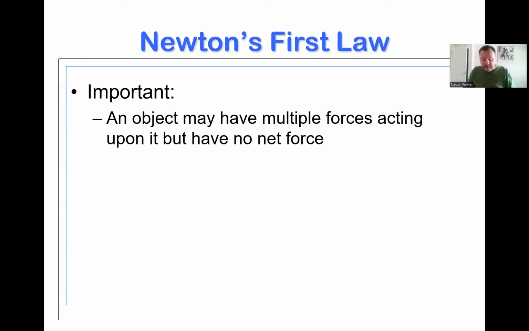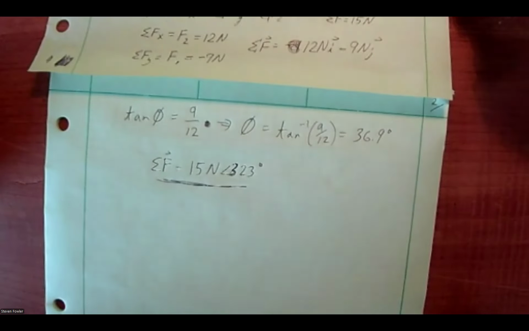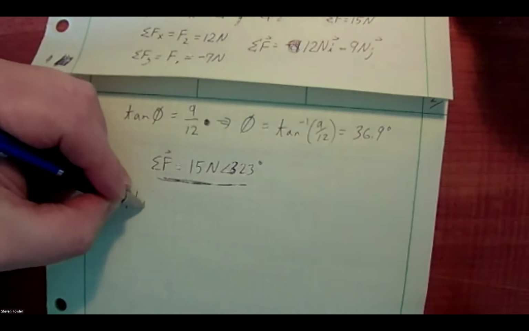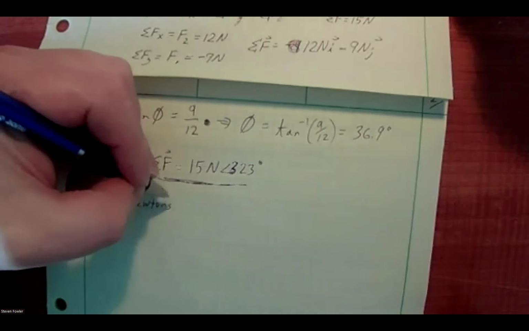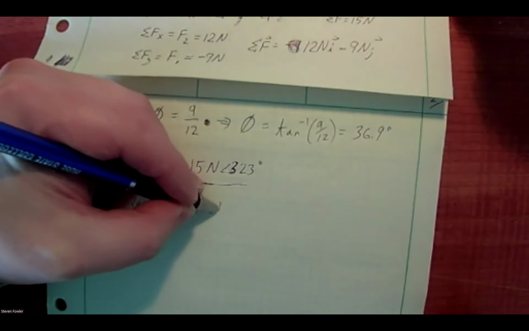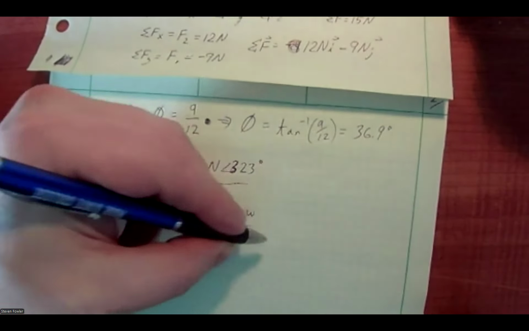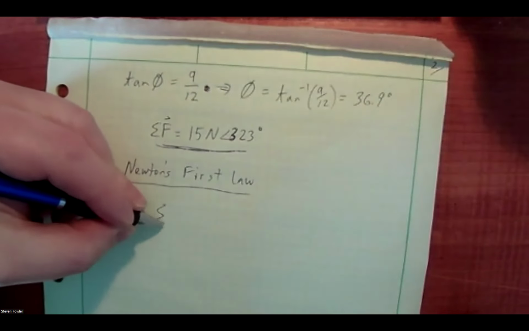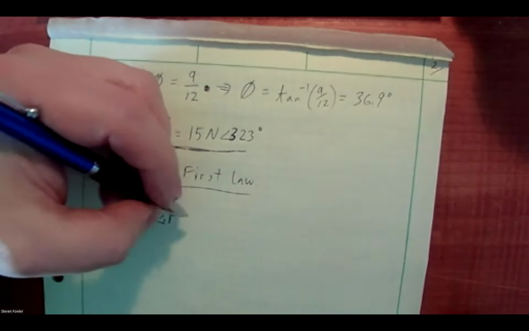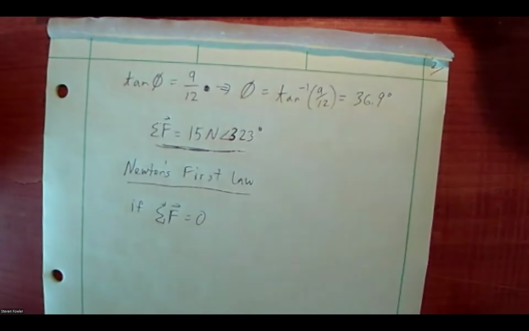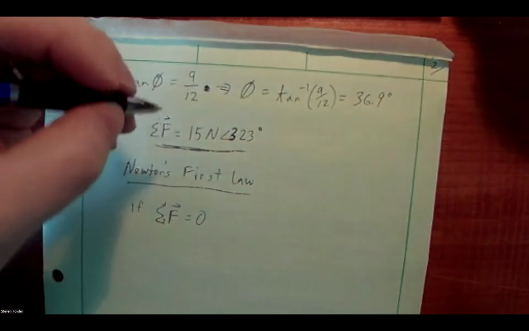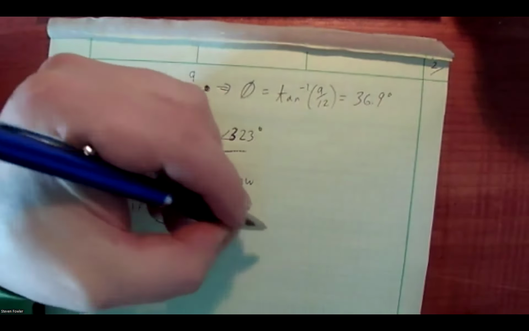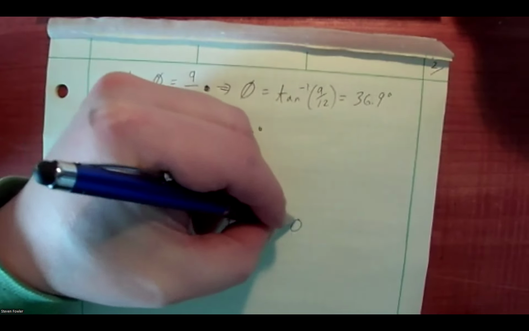Okay, let's real quick write that in kind of a mathematical form, if you will. If we were to write Newton's first law in a mathematical form, that would mean that if the resultant force, if the net force sums to zero, if we add up all the forces and we get zero in all directions, then there's no acceleration.